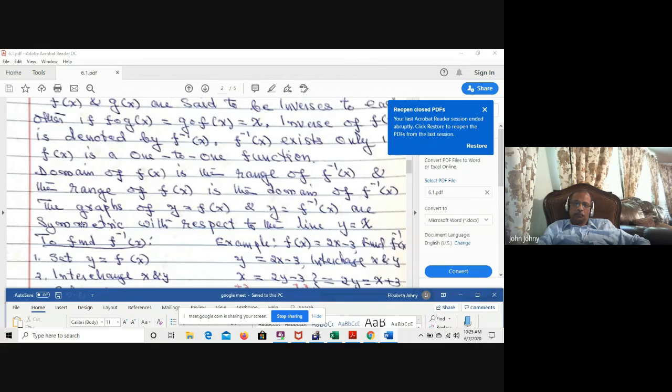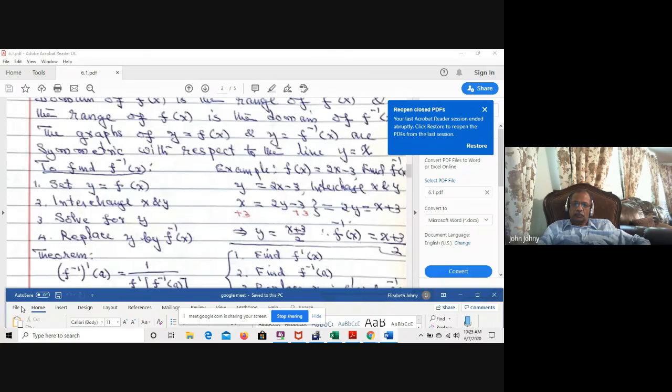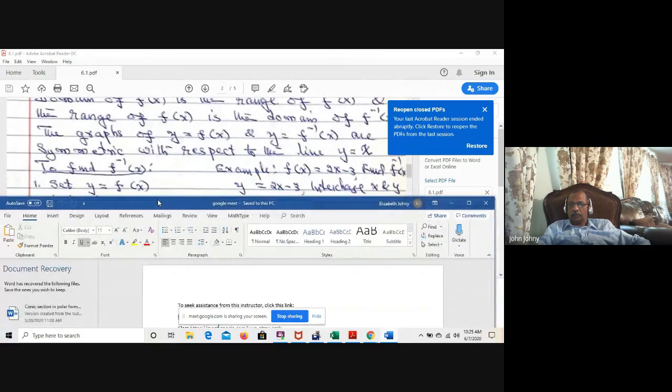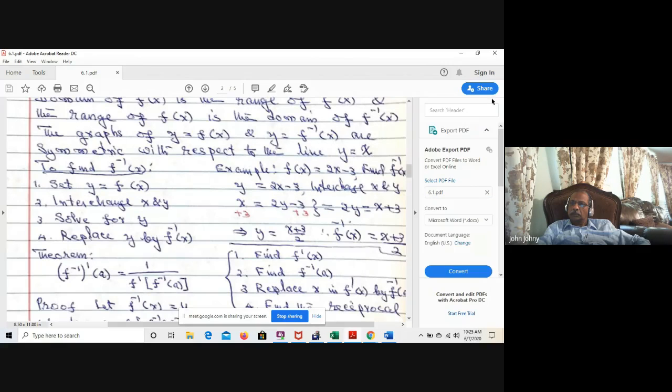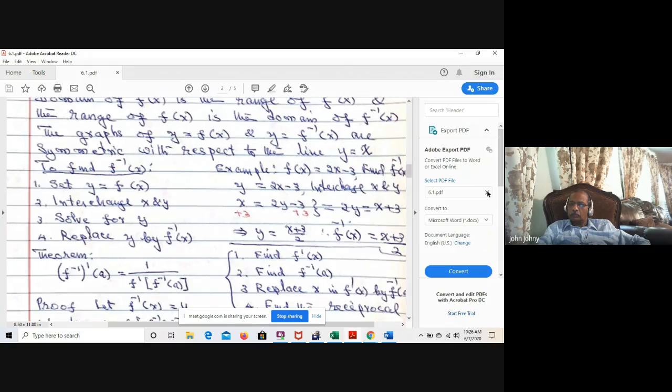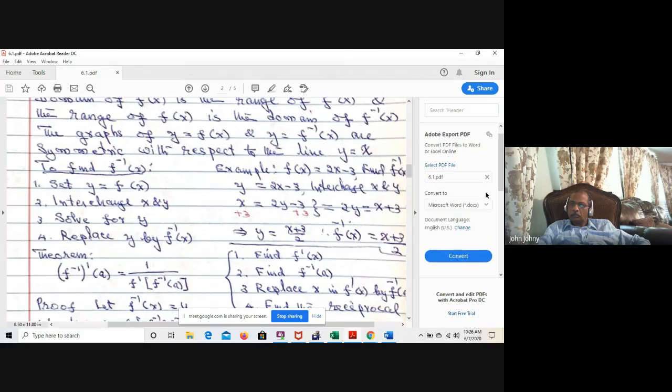Now, to find the f inverse, here is a small procedure. Set y equal to f(x). Together with that, I have created an example here. The example is f(x) equals 2x minus 3.